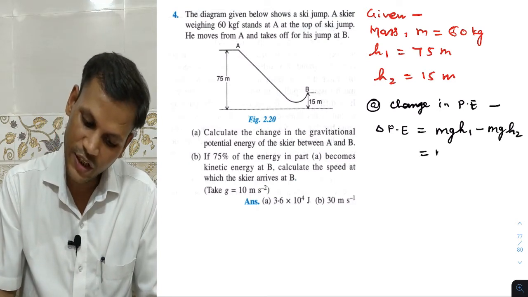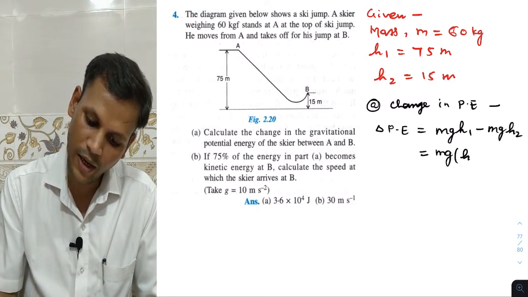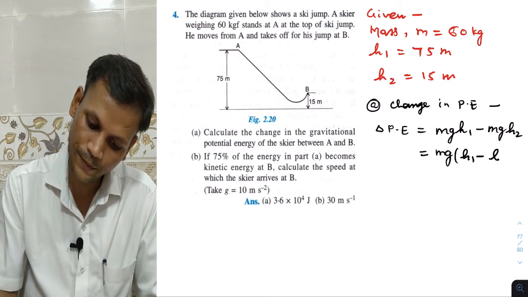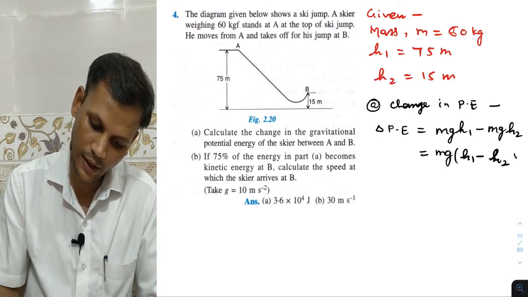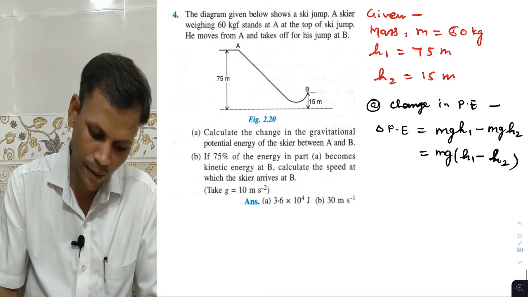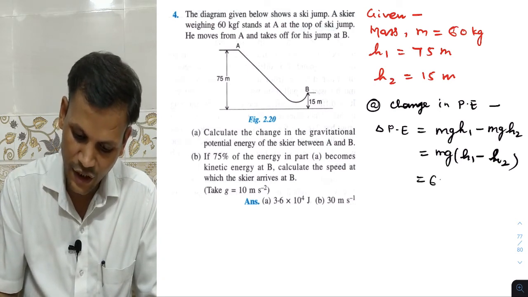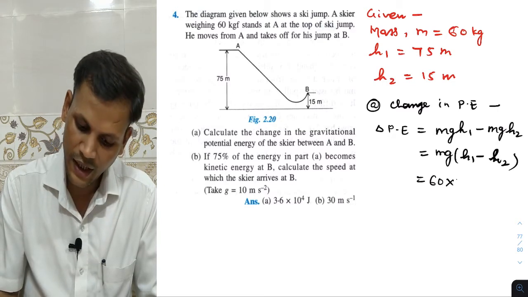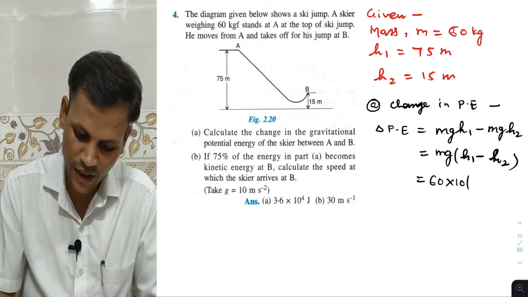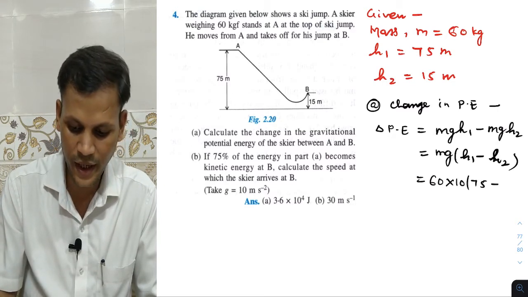So mg is common, you will get h1 minus h2. We can write it as m is 60 kg, into g is 10, into h1 is 75 minus 15.